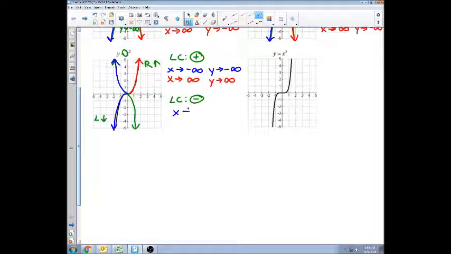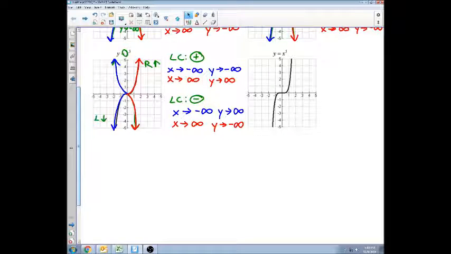So as x approaches negative infinity, my y approaches positive infinity. As my graph moves to the right, or this red part of the graph that I just drew, x approaches positive infinity, y has gone down, so y approaches negative infinity.